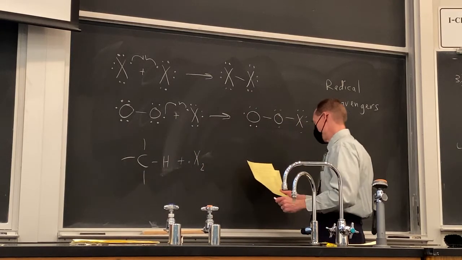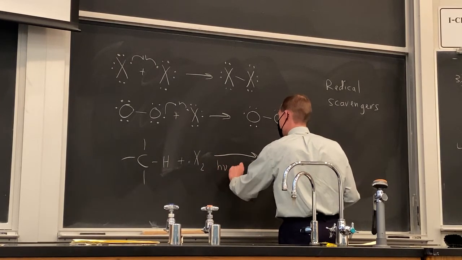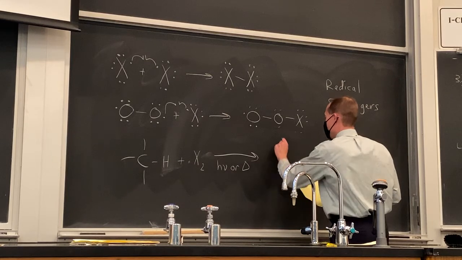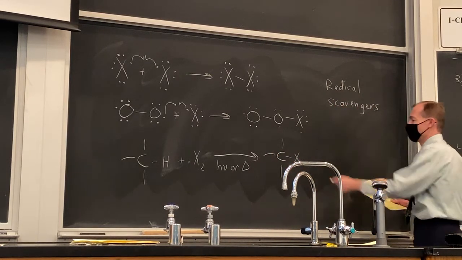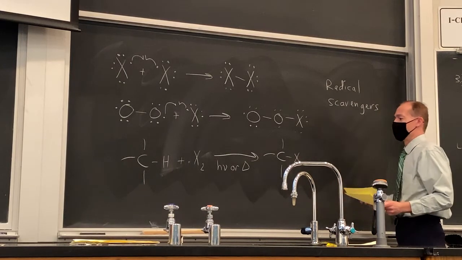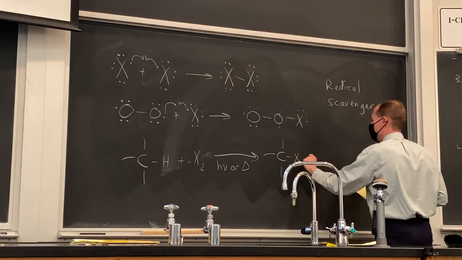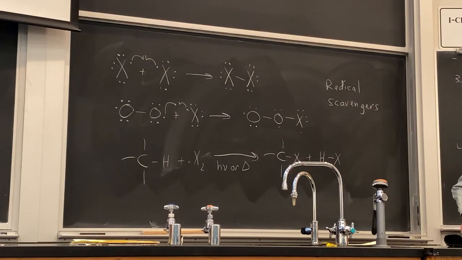We can react that with a halogen in the presence of heat or light, and we can have a substitution process take place where we replace one of the hydrogens on our alkane with a halide, and then we're going to generate HX as a byproduct.